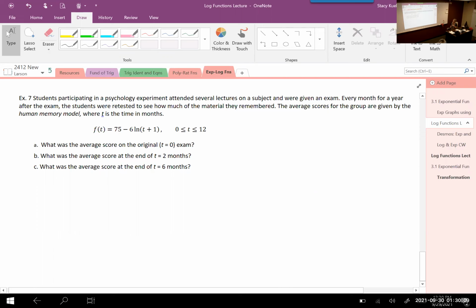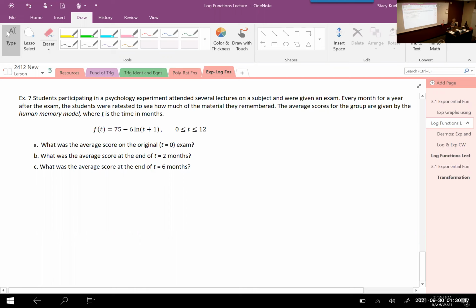Every month for a year after the exam, they were retested to see how much of the material they remembered. The average scores are given by the human memory model, where t is time in months. So we have this log function that says 75 minus 6 times the natural log of t plus 1. And I want to know what are the values at these various points.